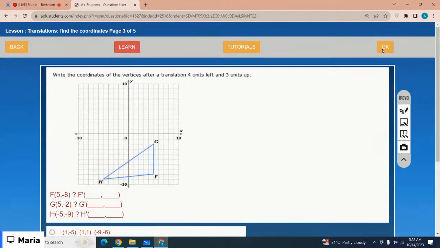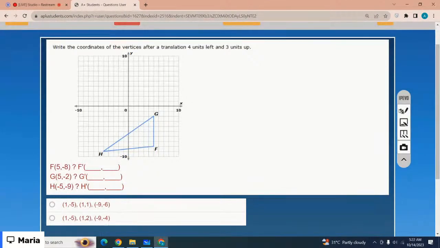Okay, the next one is, what are the coordinates of the vertices after a translation of 4 units left and 3 units up? So you are moving left and up, so both x and y coordinates are changed, right? Okay, 4 left. From x you have to subtract 4. 5 minus 4, 1, 5 minus 4, 1, negative 5 minus 4, negative 9.